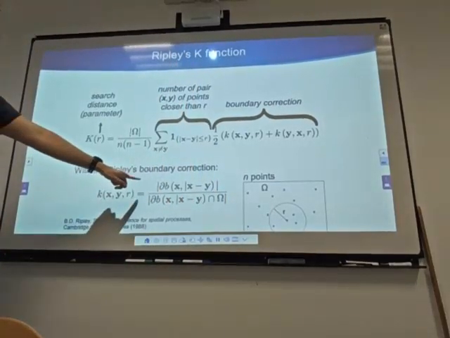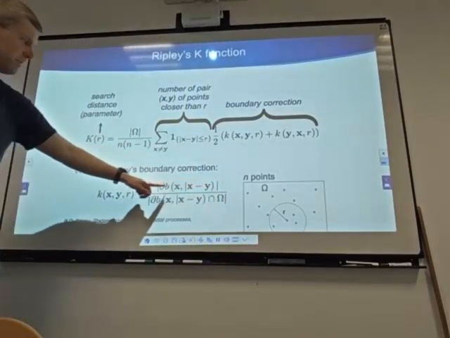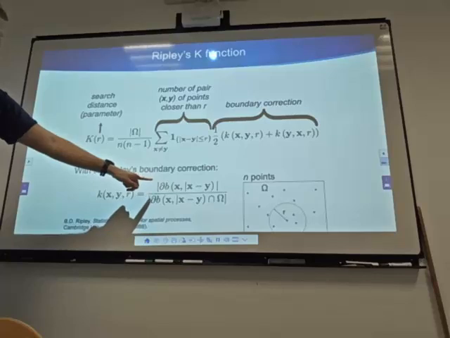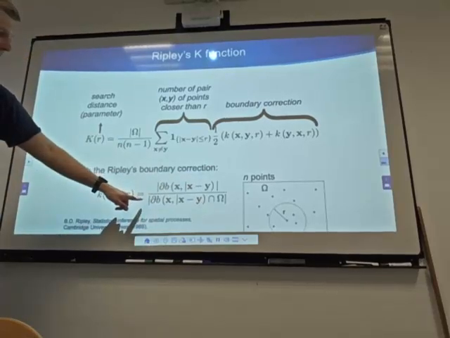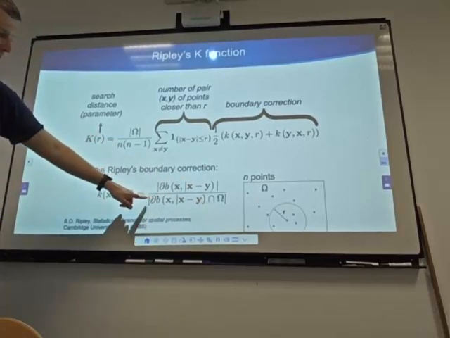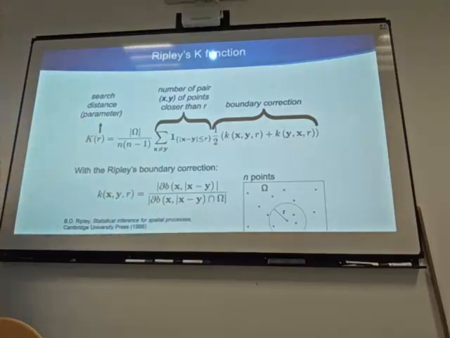The total perimeter is 2 pi times the distance, and you divide this by the proportion of the circle that is inside the domain.